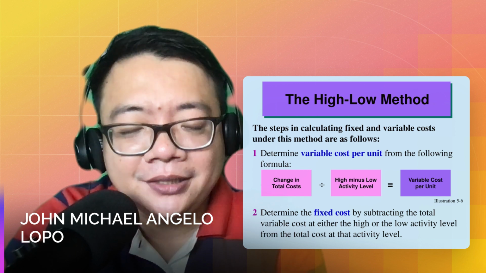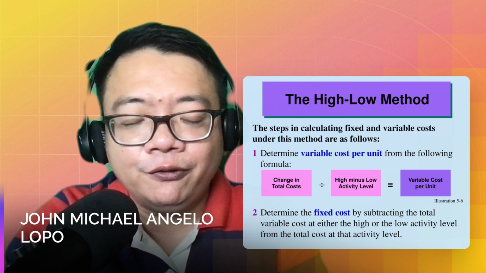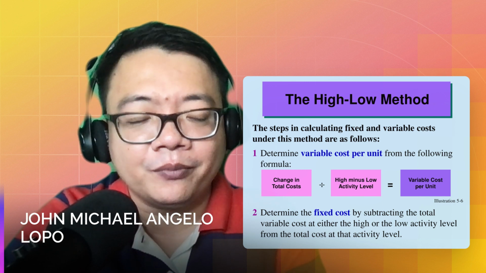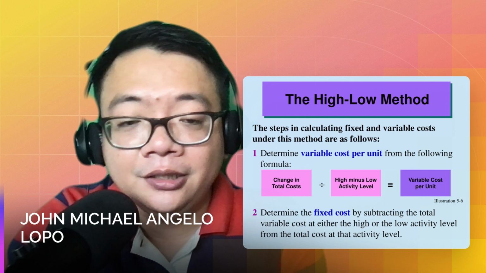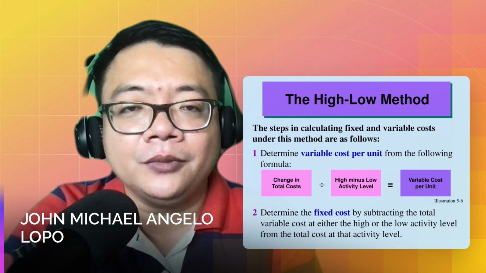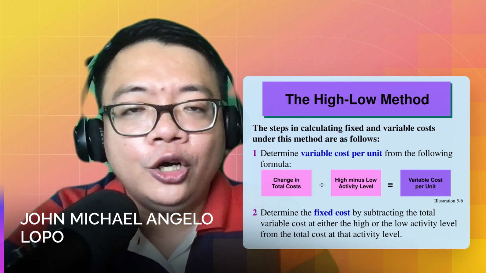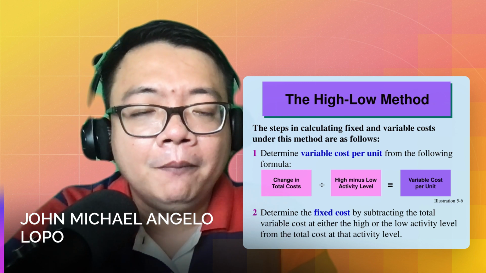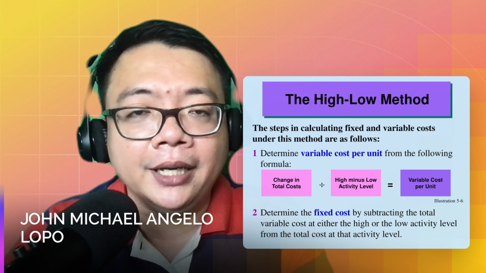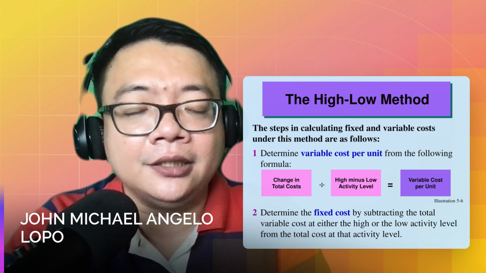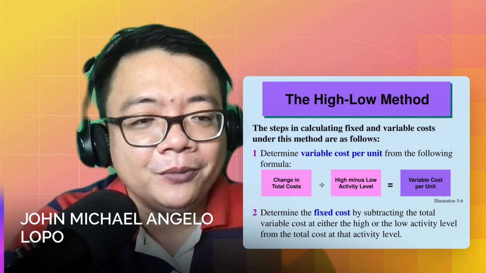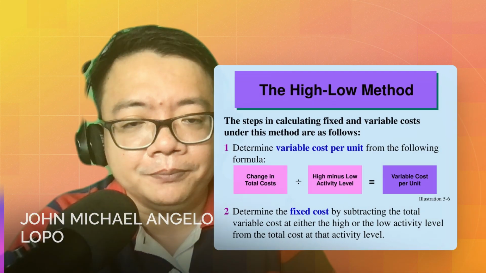Others use highest cost minus lowest cost divided by highest activity minus lowest activity. What is the correct term? It should be the cost of the highest activity minus the cost of the lowest activity, divided by the highest activity minus the lowest activity. We'll give an example. Why is the formula like that?